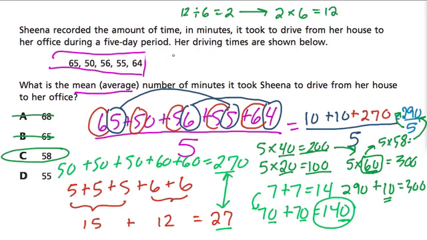So when we were doing 290 divided by 5, I was trying to find what mystery number I multiply by 5 to get 290. So I started testing around. I knew that 5 times 60 was 300. It's really close to what we need, but it's 10 too big. So instead of 60, I took 2 away from that, which means 2 less 5s or 10 less, and I got the answer, 290. Alright, hope this helped.